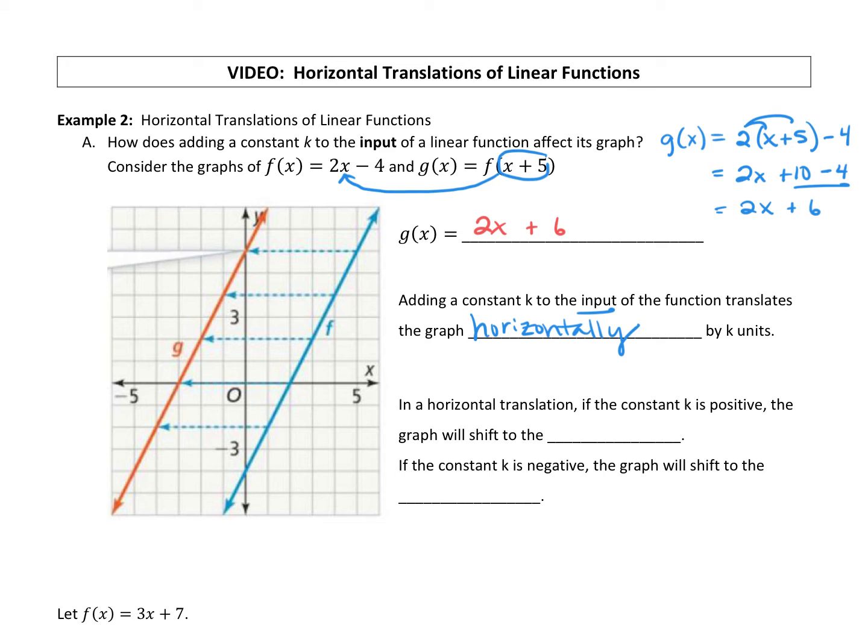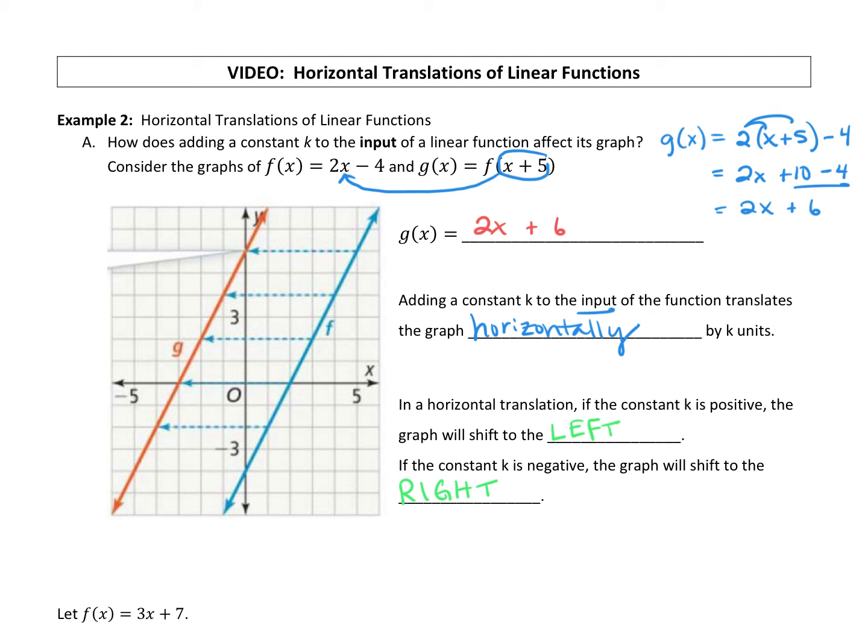In a horizontal translation, if the constant k is positive, so that's what we just did, we put in a positive 5, the graph is going to shift to the left. If the constant k is negative, which we didn't see an example of, but I'll just tell you, the graph is going to shift to the right.